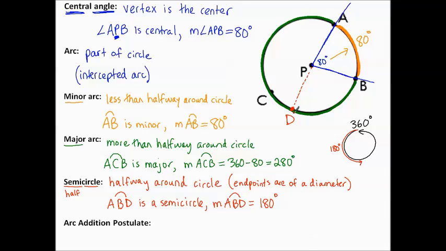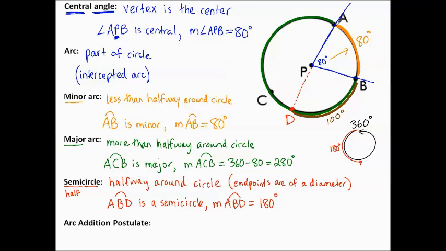Now, what if I wanted to know how much arc DB measures? How much would that have to be? Well, from A to D, all of that is a semicircle, so that's 180. What's left over for this little guy right here? Did you think of it? That's right, 100 degrees. Why?